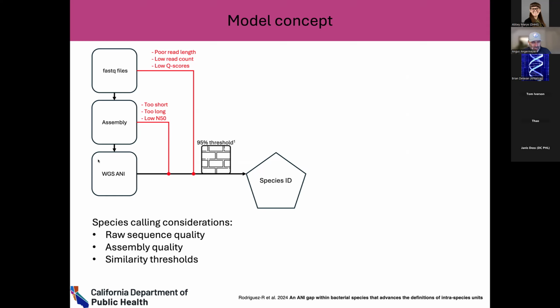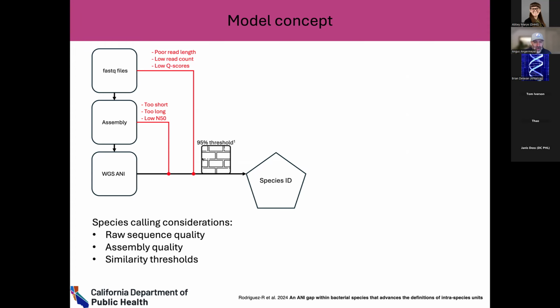If you get a whole genome sequence out of this, and it's great quality, and it beats this wall of 95% threshold, which is what we've arbitrarily chosen as the whole genome sequence ANI, then we can just call species ID.